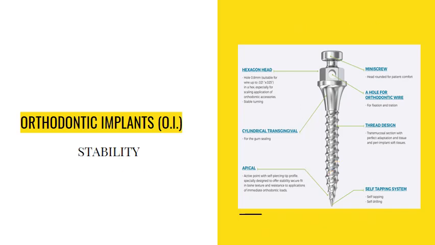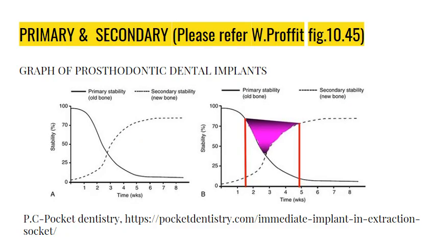Last but not the least, we have the primary and secondary stability of the T.A.D. When it comes to primary and secondary stability, please refer to William Proffit's book on contemporary orthodontics. I could not get that picture, so I have not used it over here. What I have done is I have just chosen a picture from pocketdentistry.com, and this is a picture representing the primary and secondary stability of prosthodontic dental implants.